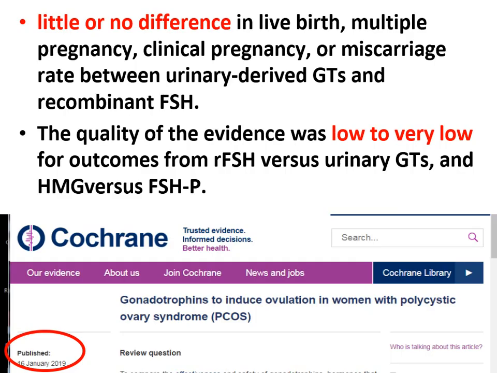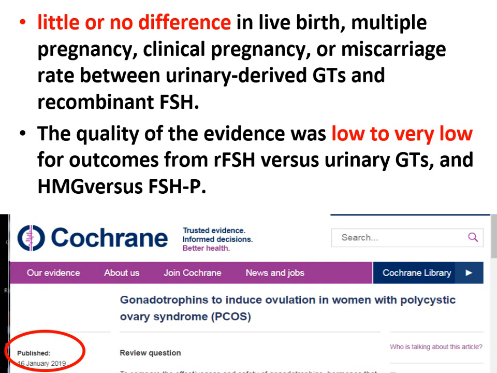What about the drugs used for induction of superovulation? The evidence found that there is no difference or very little difference in live birth, multiple pregnancy, clinical pregnancy, or miscarriage rate between urinary derived gonadotropins and recombinant FSH. The quality of evidence was low to very low for the outcomes from recombinant FSH versus urinary gonadotropins and HMG versus purified FSH.